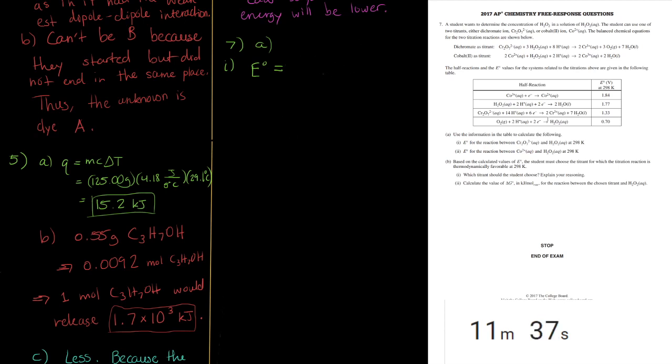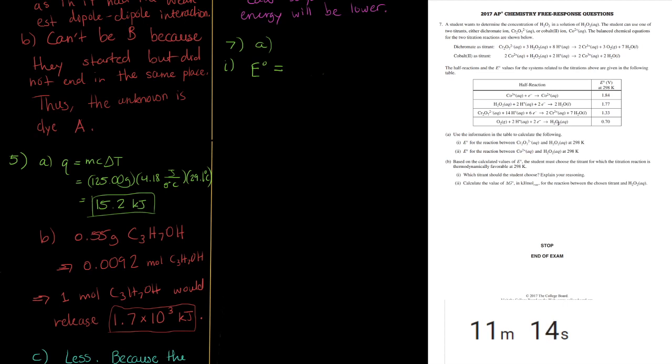The key is that we're going to get 2 chromiums and 7 waters, all from the dichromate reaction. So all we actually care about here is the bottom reaction, which tells us that we're going to be converting the peroxide into the necessary H pluses and E's for the chromium reaction.